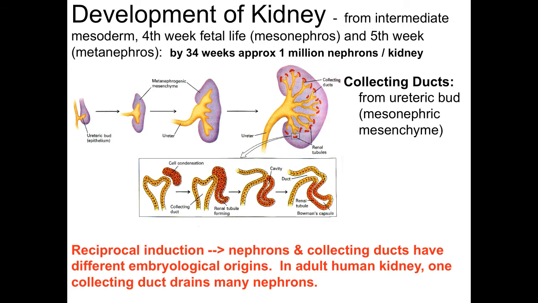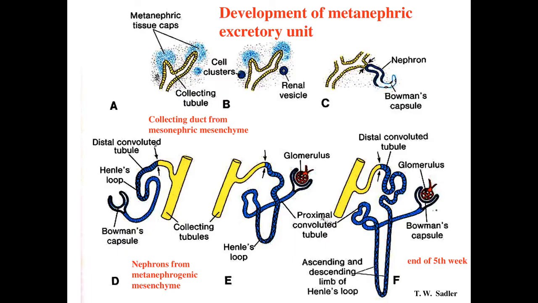The collecting ducts arise from the ureteric bud, which is mesonephric mesenchyme, and the nephrons arise from the metanephrogenic mesenchyme. This cartoon that came from Dr. Sadler's textbook just reminds you of the development of the kidney.